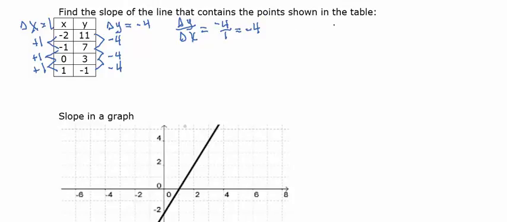Now, there's also a formula that says m, which we now know to be slope, is equal to y2 minus y1, change in y, over x2 minus x1, change in x. Notice I always went in the table from the one down to the next one, down to the next one. I was always using the same order.